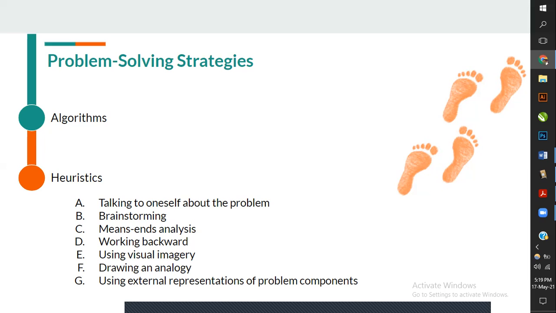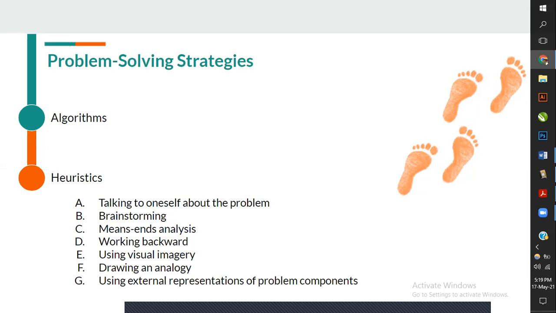There are some different methods in mathematics where we work backwards to get our answer using a visual imagery. We use different charts. We imagine the scenario of how the problem is set, right?